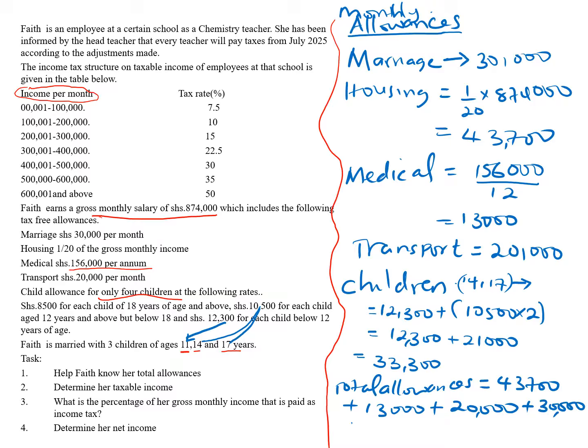And lastly plus children, which is 33,300, and here we get the total allowance as 140,000. So this is our allowance.